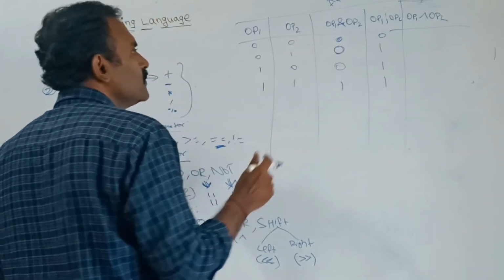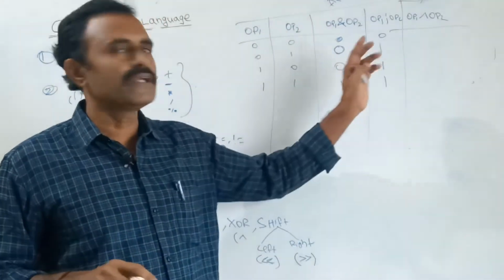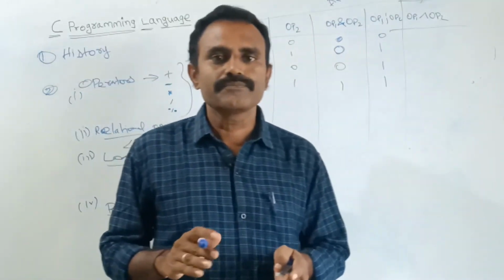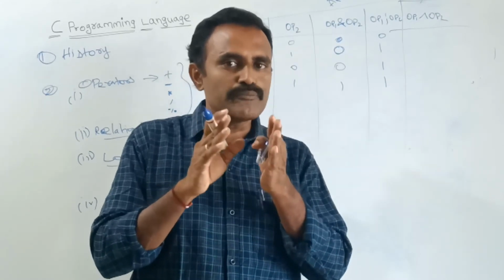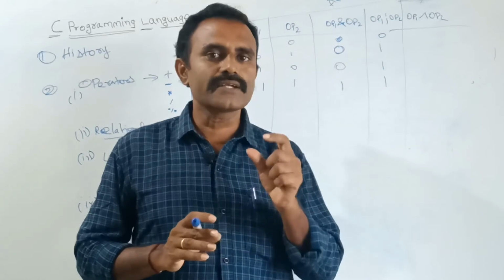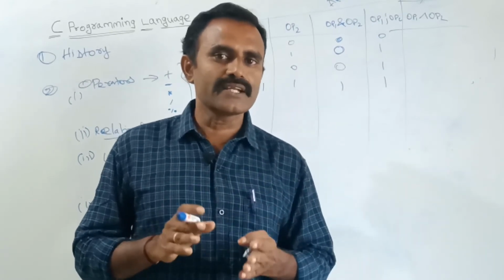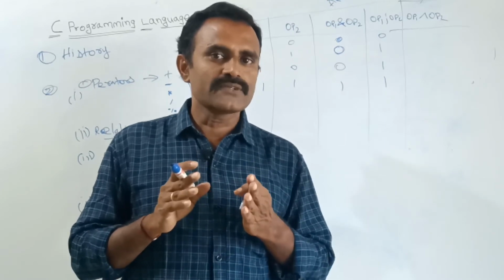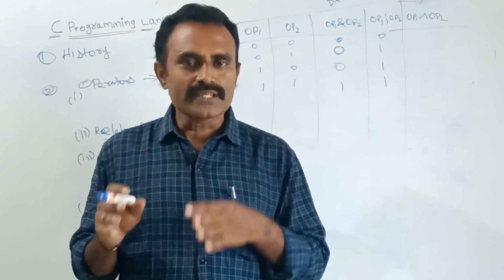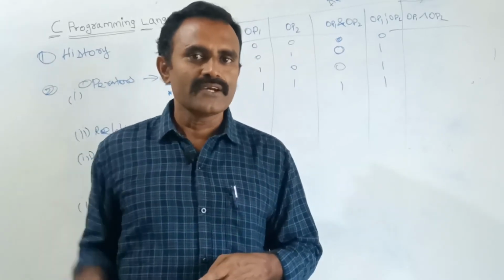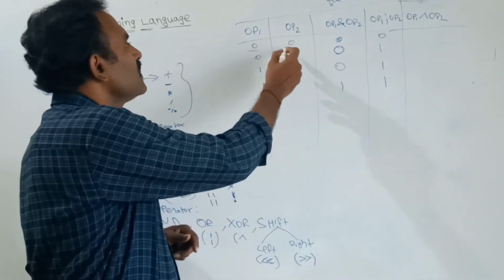Here in the XOR operator it will be different. If both bit values are the same, the result will be false. Same bit means either both values are false or both values are true; in that case the result will be false. So here this one is false, this one is false.